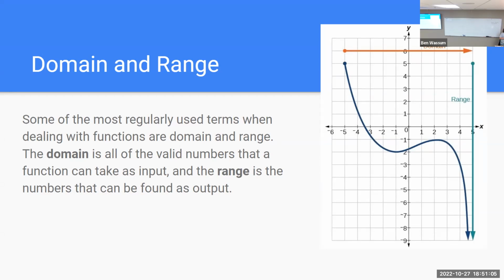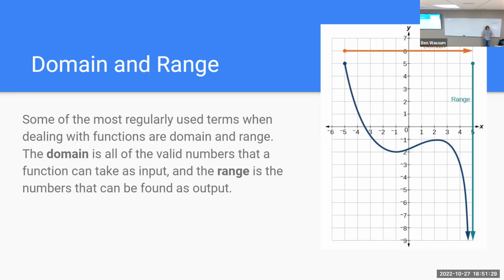Sometimes I'll see people say that the range is going from the top part to where it curves around right there under the 2. But really, domain is all of the x values it covers, and range is all the y values it covers.